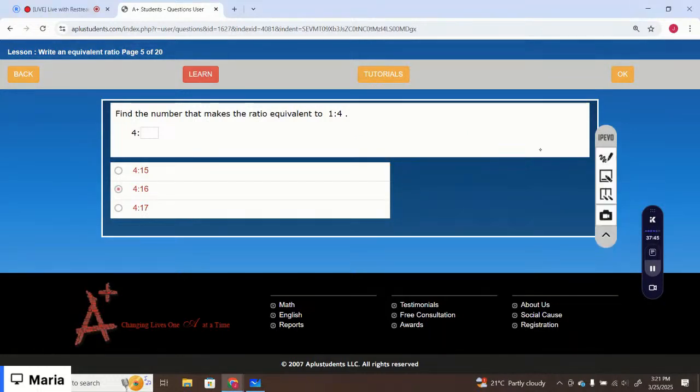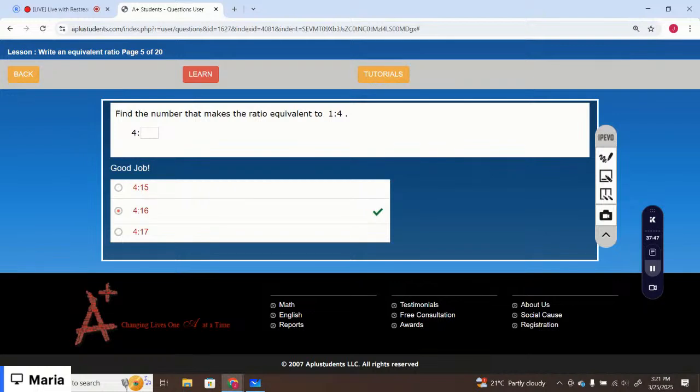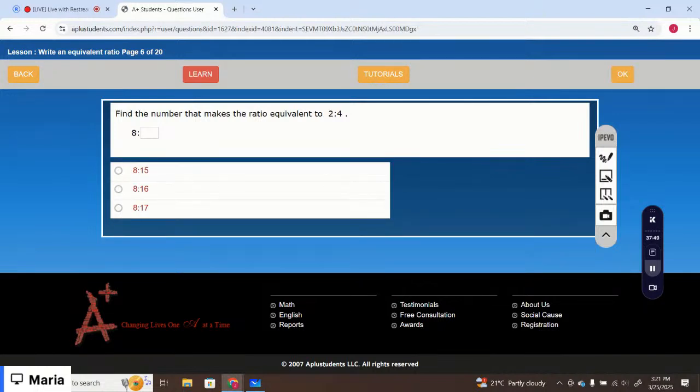Option number 2 is the correct option. Find the number that makes the ratio equivalent to 2:4.